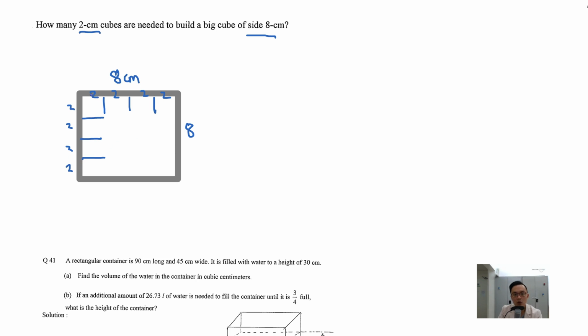Okay, so on the base, it's 4 by 4. And the height coming up is also 4. So therefore, the total number of cubes is, work it out. Alright, and let me know. So this is the number of cubes you can fit on the base area, and this is the number of cubes you can fit on the height. And therefore, this is the total number of cubes.